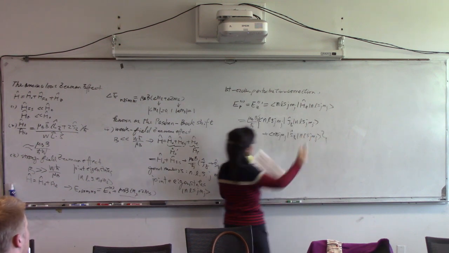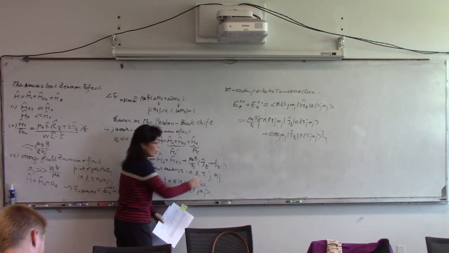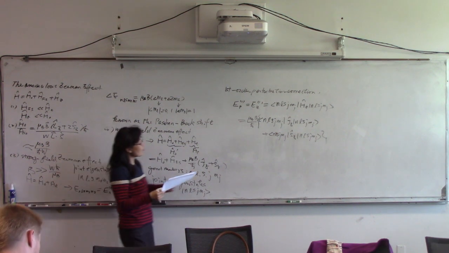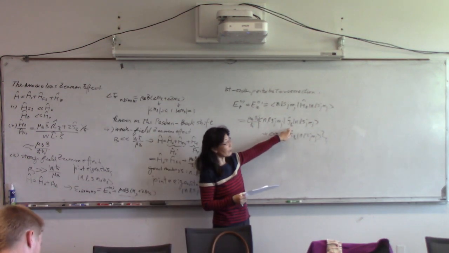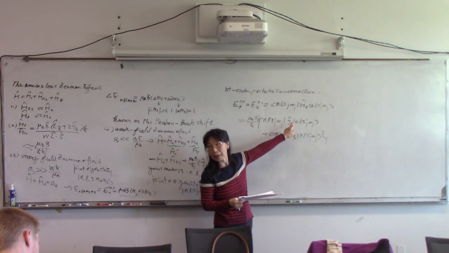So we have two terms, because each one we have two, right? But the first term is very simple, because this is the eigenstate of JZ. We can easily get this one.